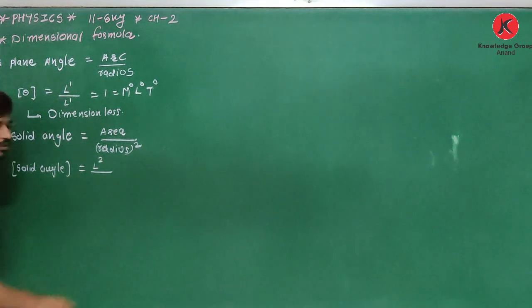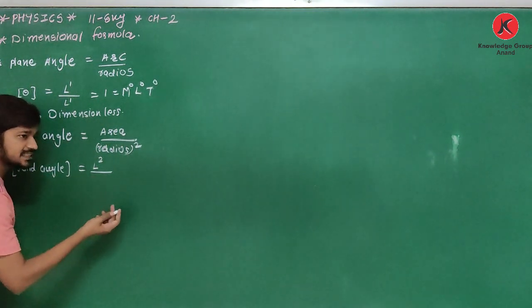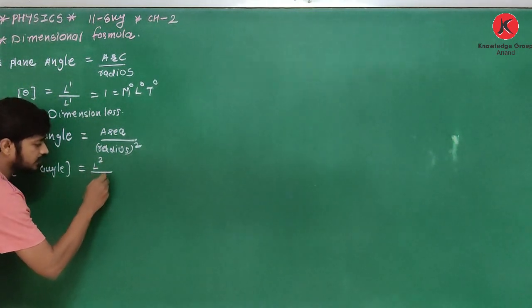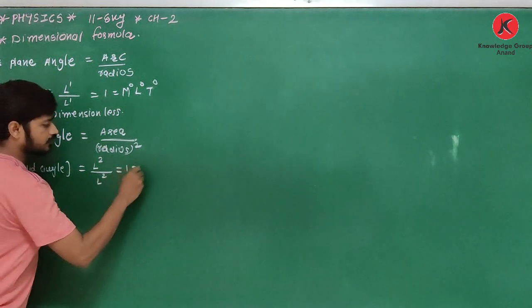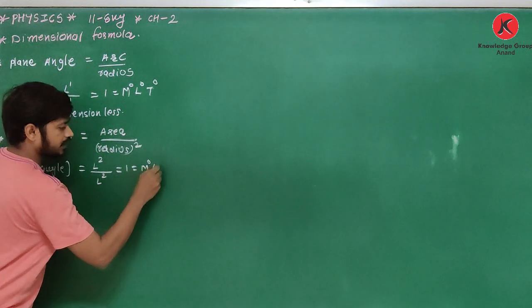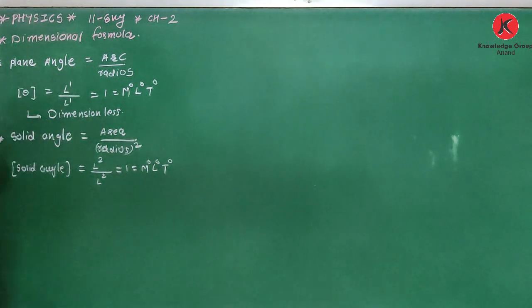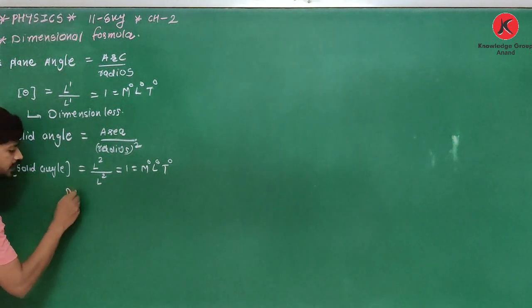The dimensional formula of radius, which is distance or length, is L, so radius square is L square. L square upon L square cancels, it will be only 1. We can write it as M0, L0, T0. So this solid angle is also dimensionless.